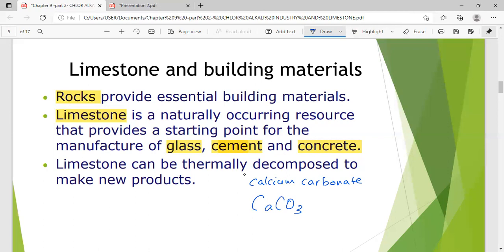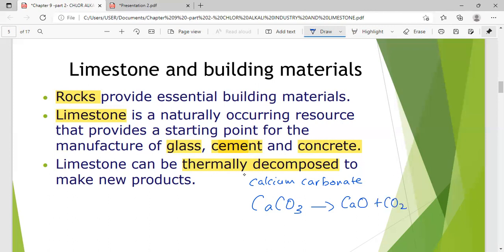Now, limestone can be thermally decomposed to make new products. We've learned about this before. So what happens when limestone is thermally decomposed? What products are formed? Yes, correct. You get calcium oxide and carbon dioxide.